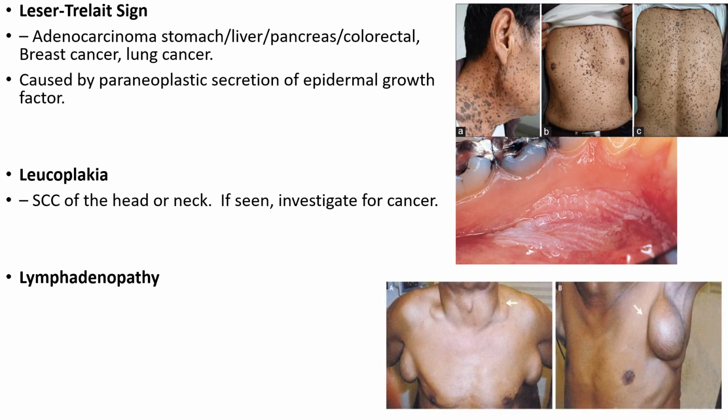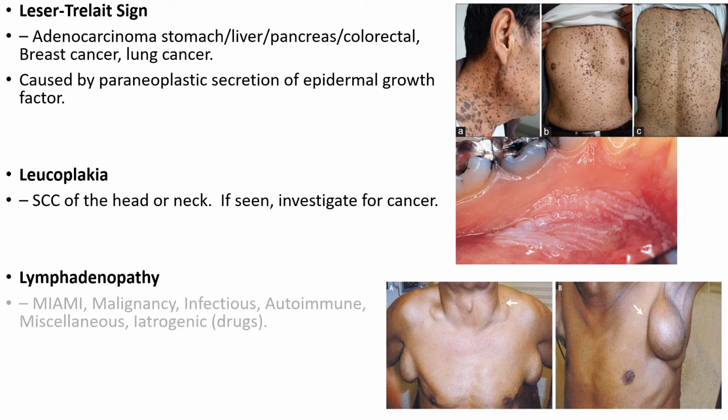Lymphadenopathy in itself is just swollen lymph nodes. Here we've got some really quite profoundly swollen lymph nodes. So lymphadenopathy itself is just an enlarged lymph node. It's usually the sign of something going on. There is a little mnemonic, which is MIAMI. So if you do see lymphadenopathy, think either some kind of malignancy, some kind of infectious cause.